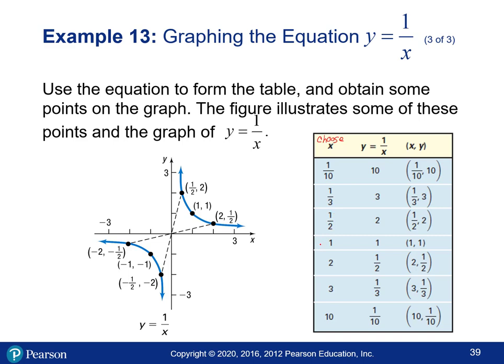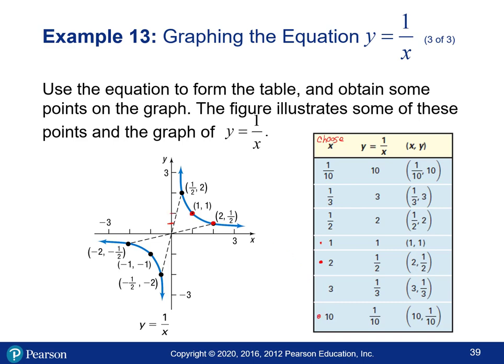Let's start in the middle. If I plug in 1, 1 over 1 is 1, so there's my point. Then if I plug in 2, 1 over 2 is 1/2. So 2 comma 1/2 is about halfway up on the y, between 0 and 1 on the y-axis.